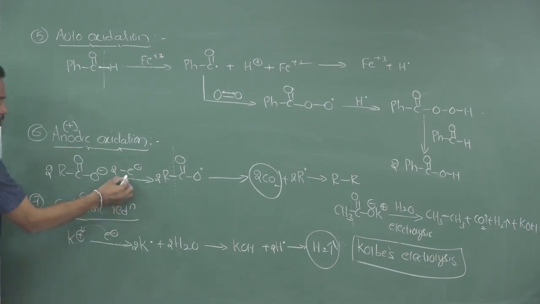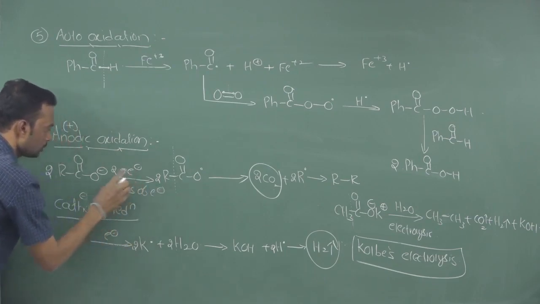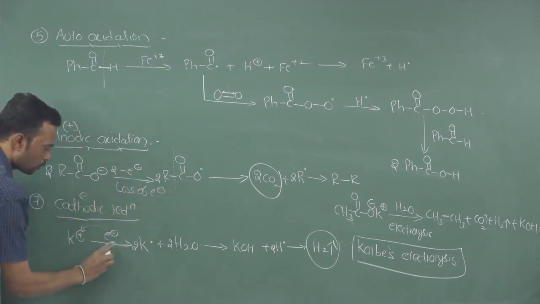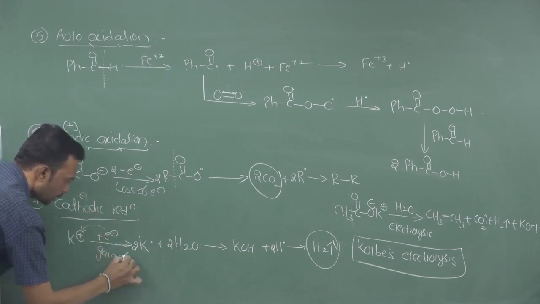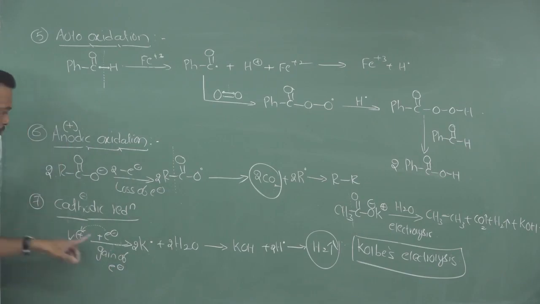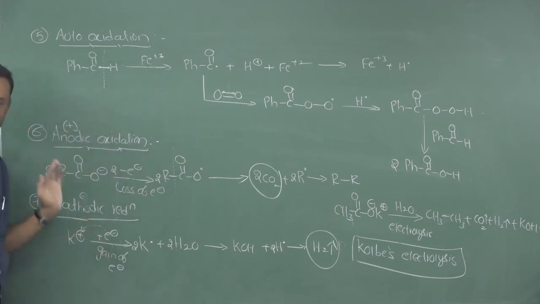So this is loss of electron. This molecule is losing an electron. And what about here? This is plus, meaning gain of electron. So this electron is going from the terminal, and this one is coming from the terminal. There is a difference. It is coming from which terminal?